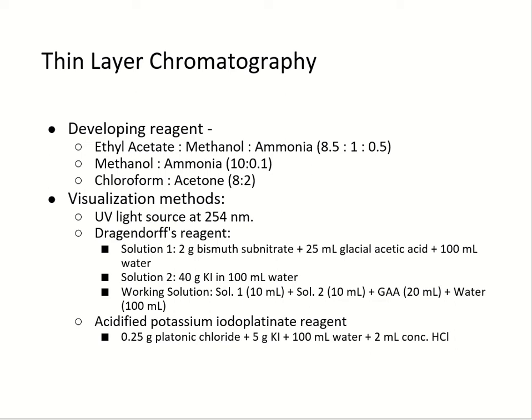The working solution will contain 10 ml of solution 1, 10 ml of solution 2, 20 ml of glacial acetic acid and 100 ml of water. Another spraying reagent used is acidified potassium iodoplatinate reagent, in which 0.25 gram platinic chloride is added to 5 gram potassium iodide, 100 ml water and 2 ml concentrated HCl.